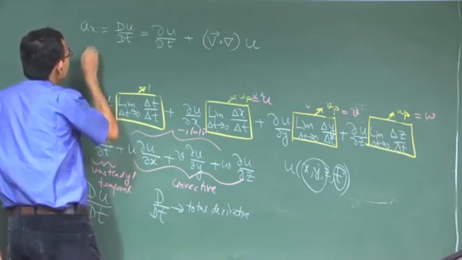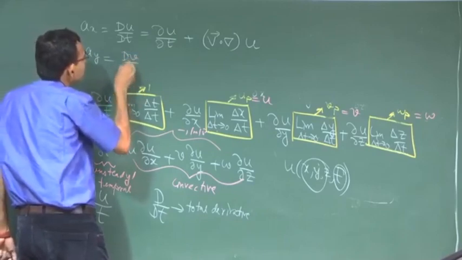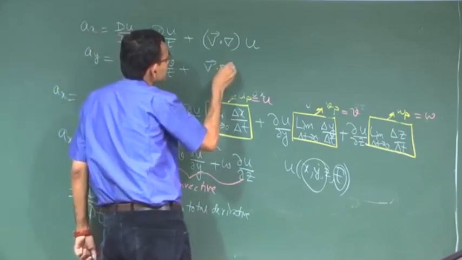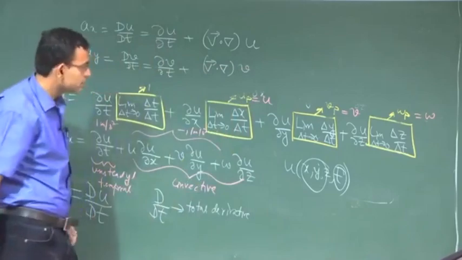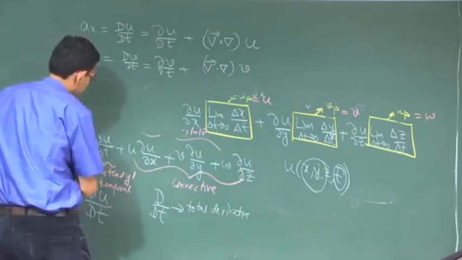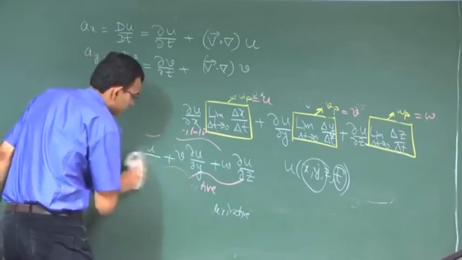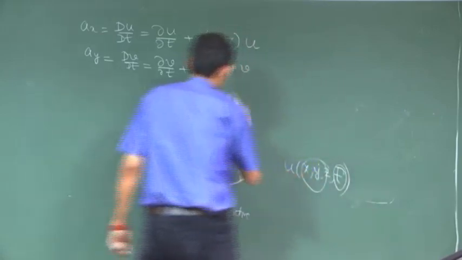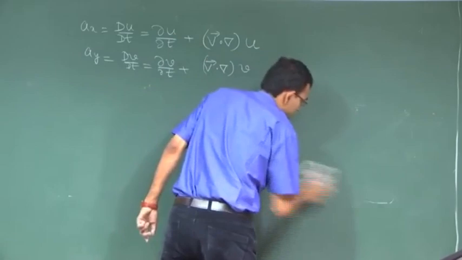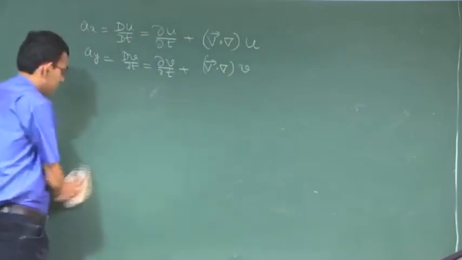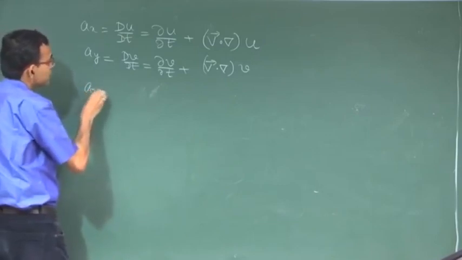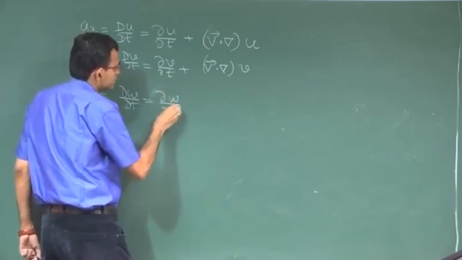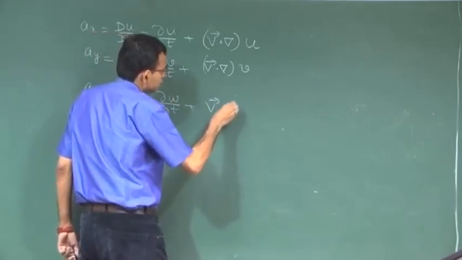So, similarly acceleration along y is Dv Dt, and acceleration along z is Dw Dt.